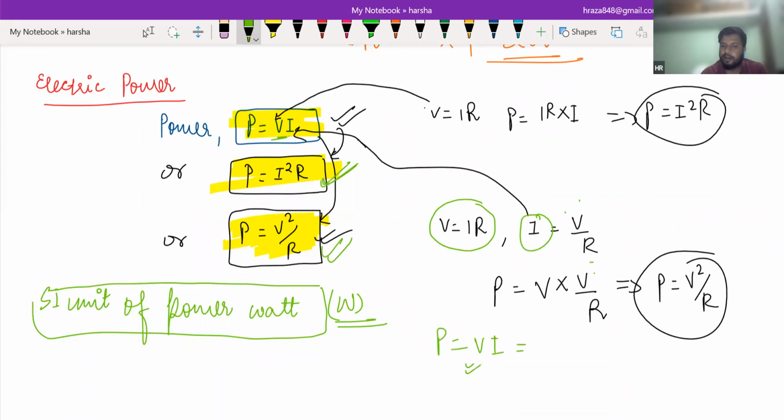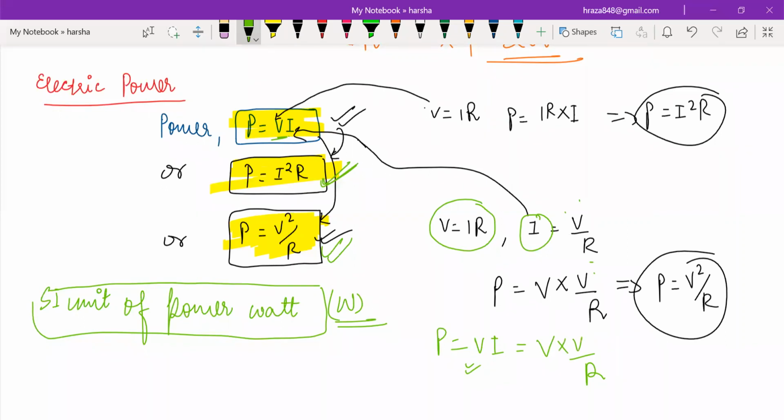If I put V as it is and put the value of I, that will be V upon R. So it will be V square upon R. Okay. Please write it and let me know.